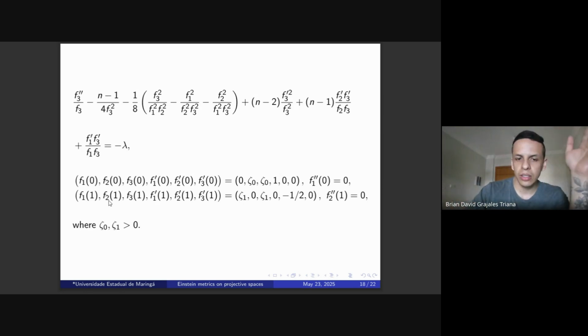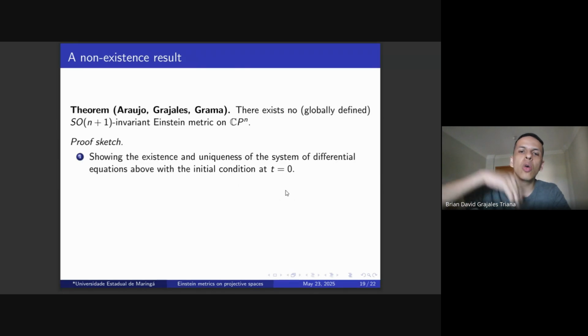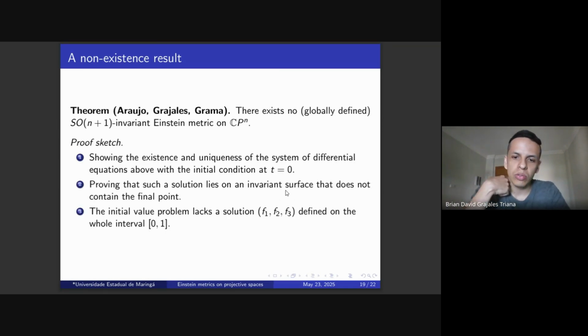But that does not happen, because that invariant surface is a closed set, and if you suppose the solution satisfies both conditions, then the boundary condition at t equals 1 does not belong to the invariant surface we found. So that's the thing we can guarantee, that there is no globally defined Einstein metric on CP^n.